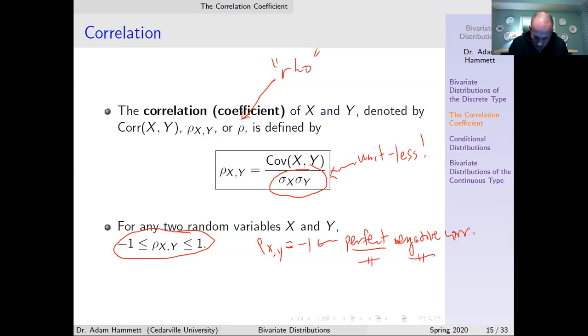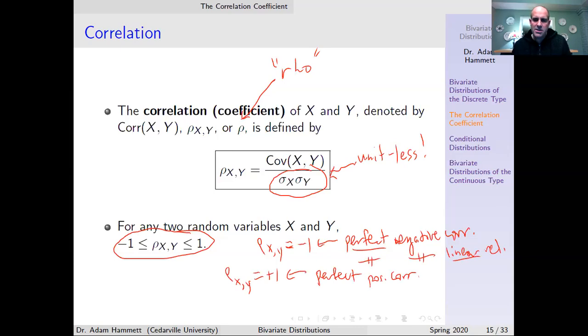Remember, correlation means linear relationship. Okay, so it's a perfect negative linear relationship. And what if rho sub xy is +1? Well, that's a perfect positive correlation, which means that we have a perfect positive linear relationship.